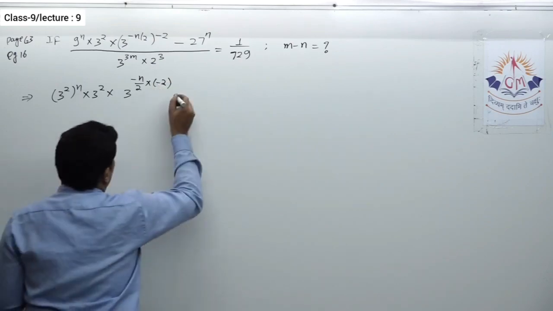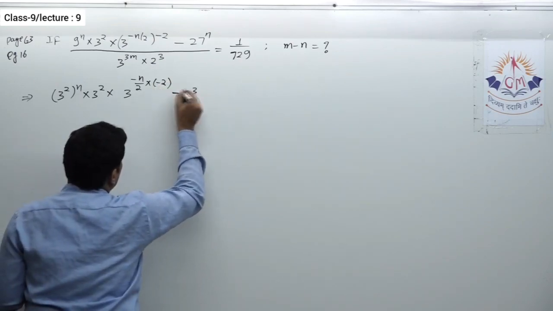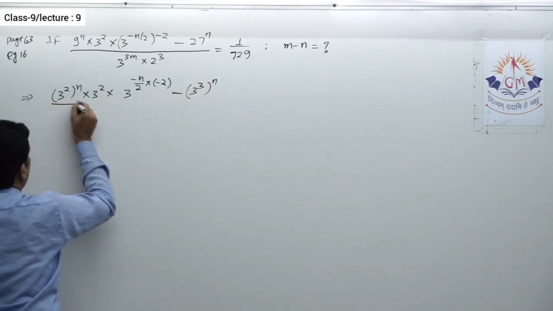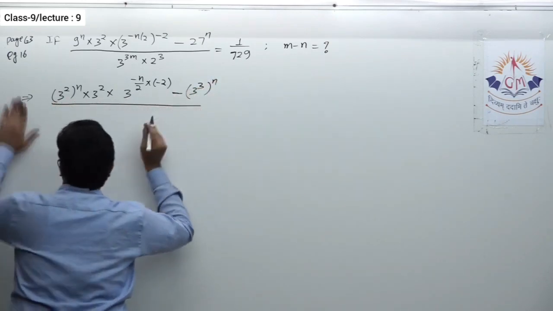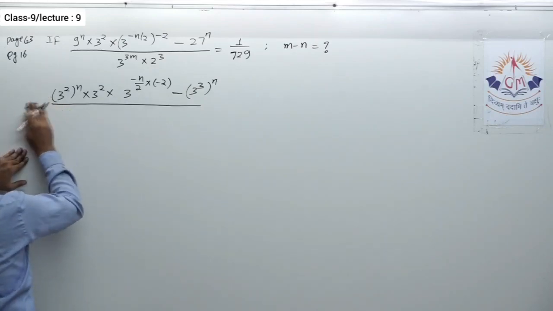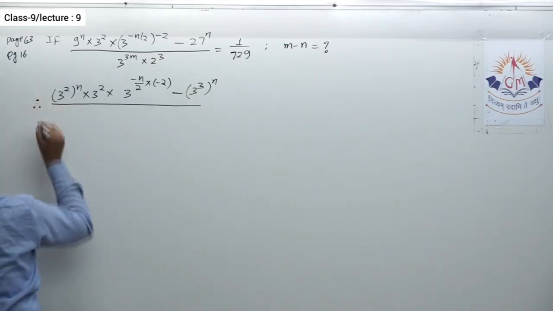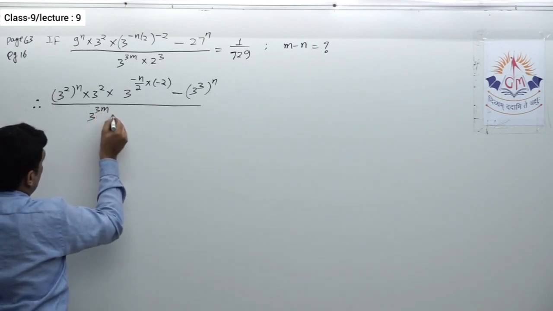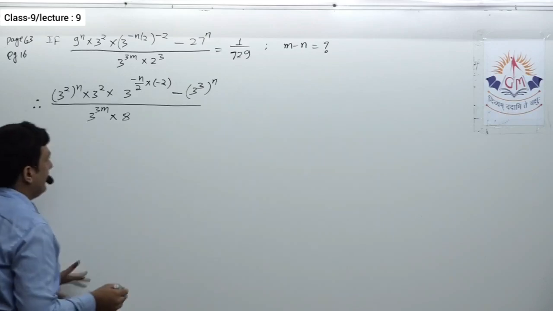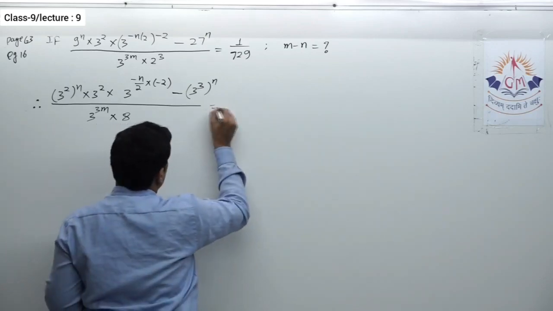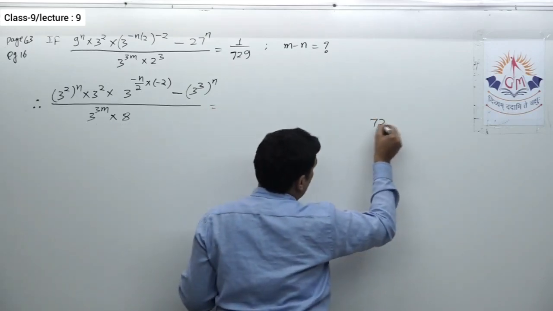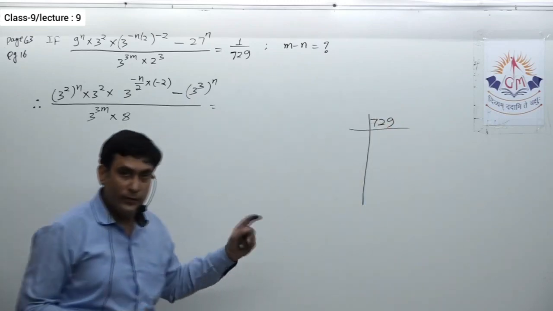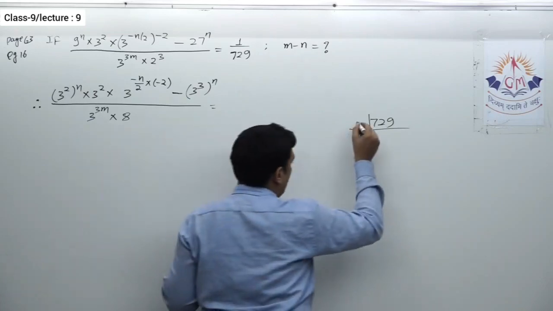Okay, minus 3 raised to 3 raised to n divided by 3 raised to 3m into 8. Okay, right now I'm writing it 8. Now this 729, if you find the factors of 729 in this way, you'll get what power of 3 is equal to 729. So I'll start from 3.